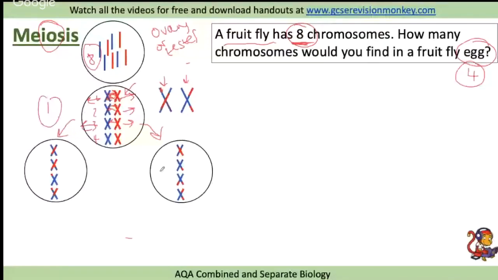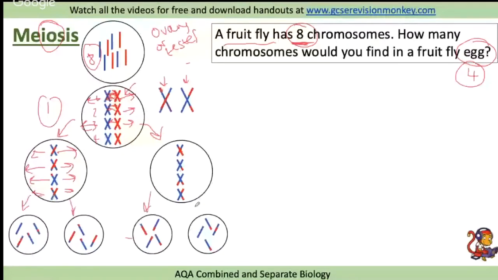Then we have a second division whereby these chromosomes pull to the edges of the cell like so, and you end up with 4 gametes at the end of it. So you can see here we started with 8 at the top and now we've got 4 at the bottom. They are all different, okay, so they contain variation here.